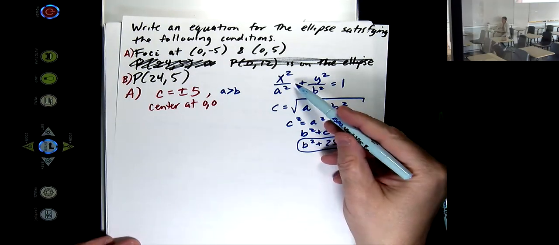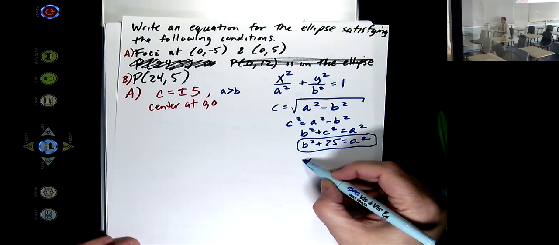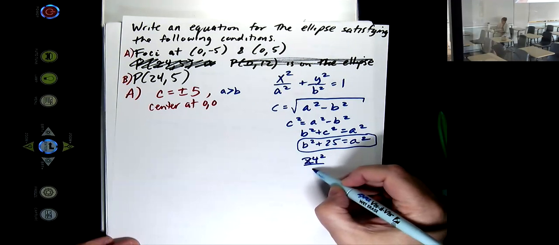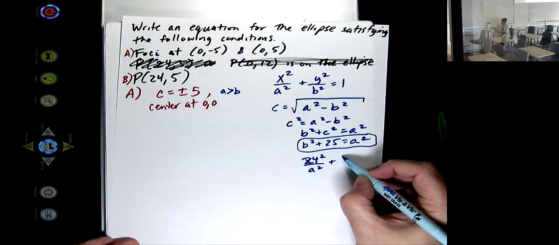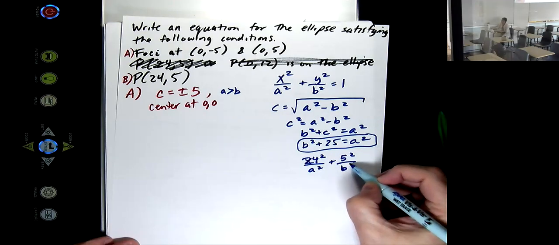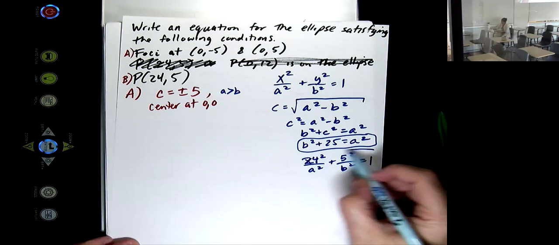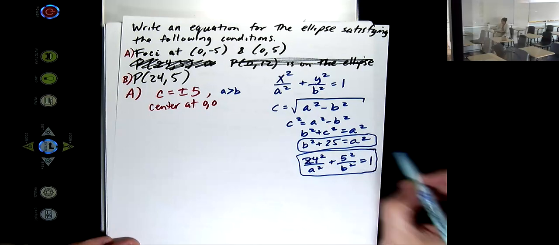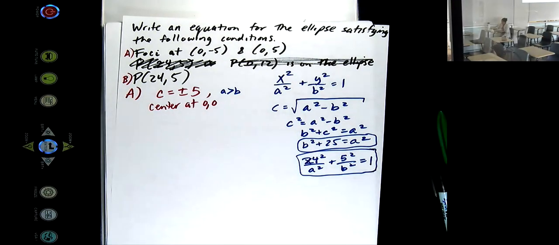The other equation is 24 squared over a squared plus 5 squared over b squared equals 1. I have two equations and two unknowns. My unknowns are a and b. This is not the most delightful problem, but we've got to go through and solve it.